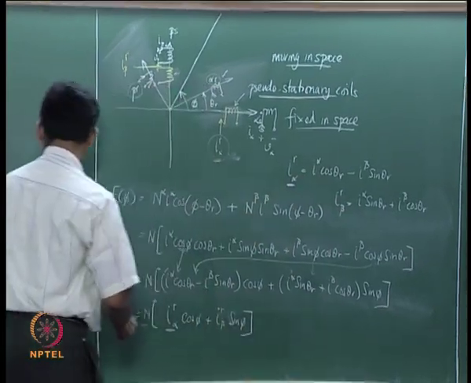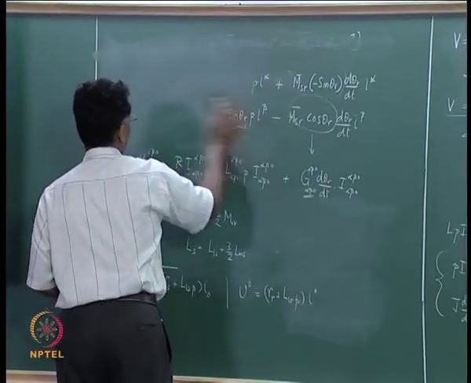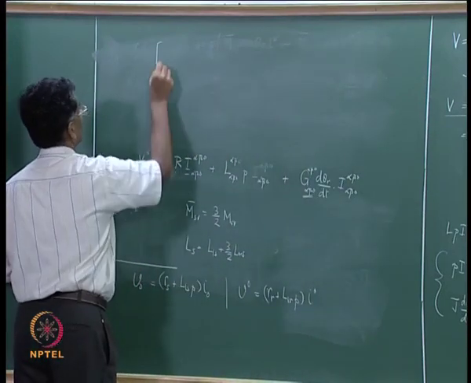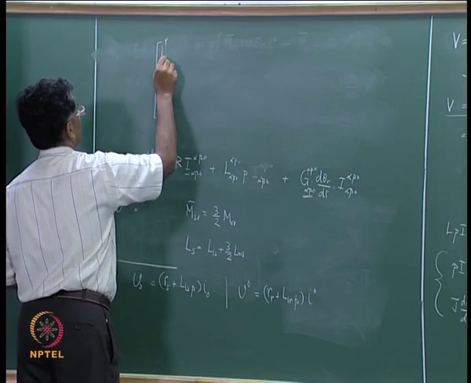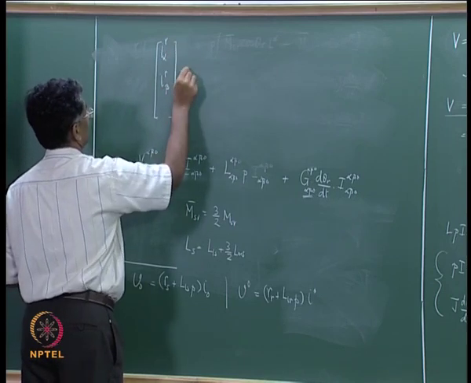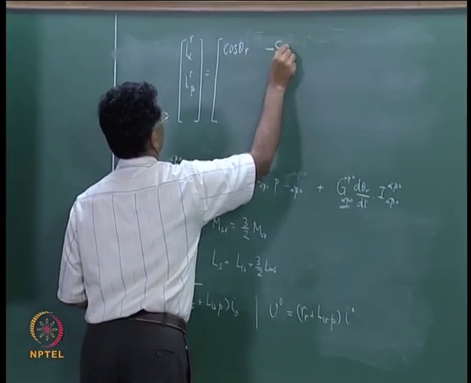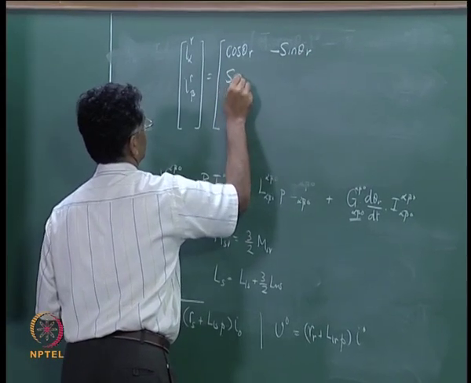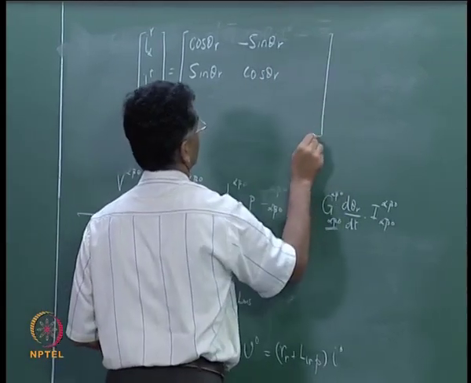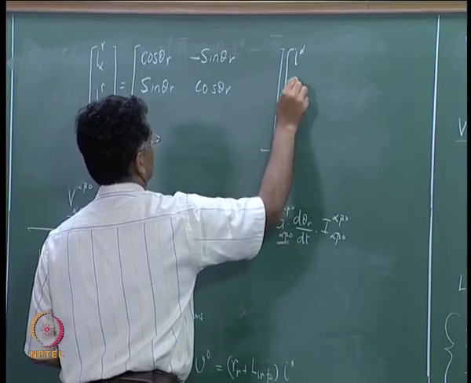This can be represented also in the following form using the matrix notation as I r alpha and I r beta is equal to the matrix cos theta r, minus sin theta r, sin theta r and cos theta r, times I alpha, I beta.